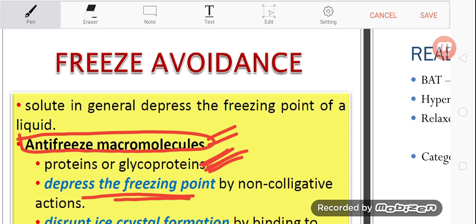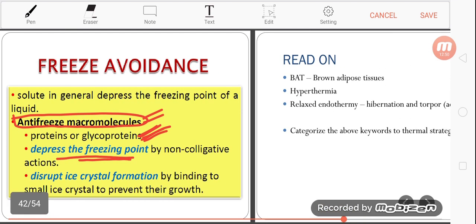Therefore, these cells or this tissue will not freeze in extreme temperature due to these antifreeze macromolecules. Okay, another one, for freeze avoidance, these antifreeze macromolecules will disrupt the ice crystal formation by binding to small ice crystals to prevent their growth.